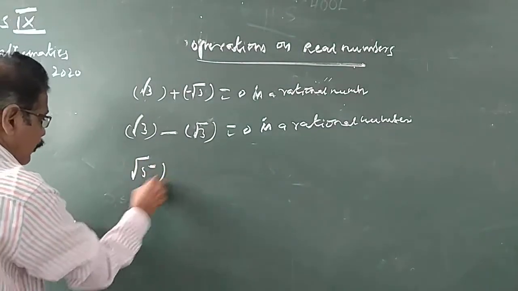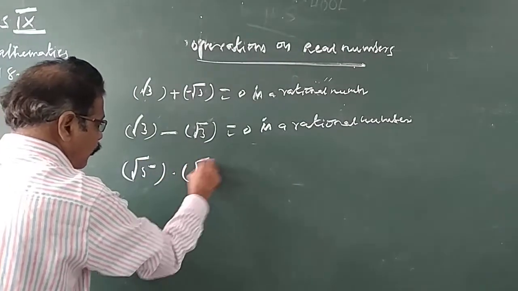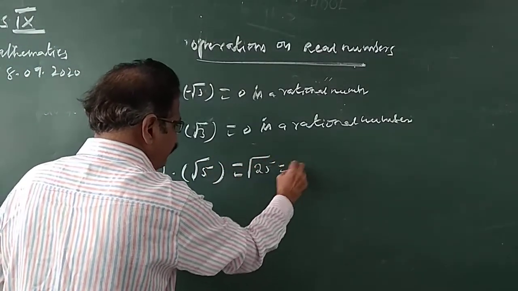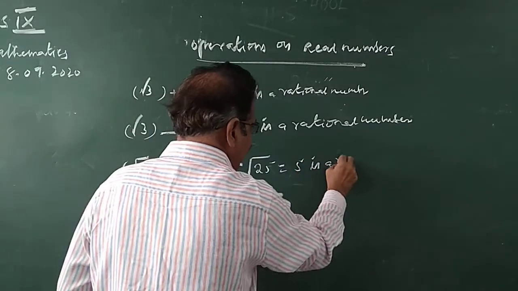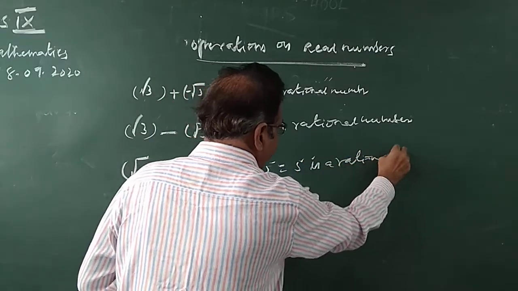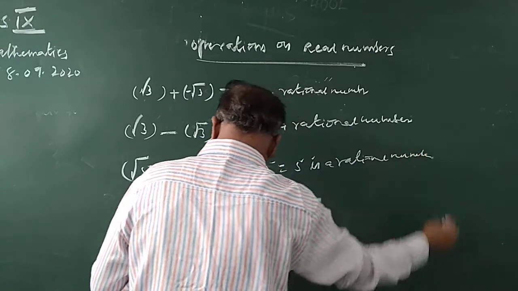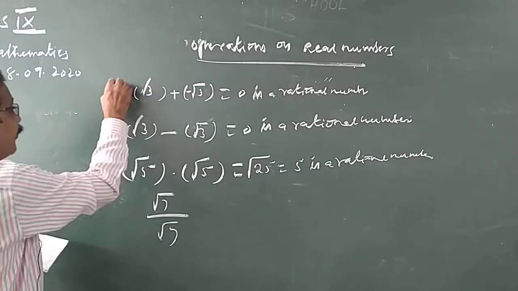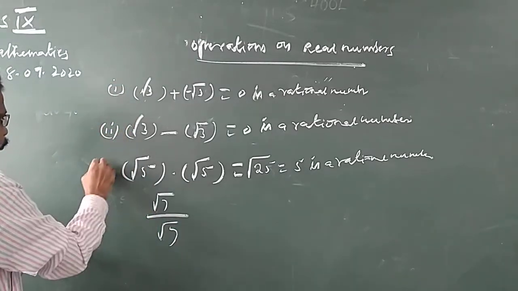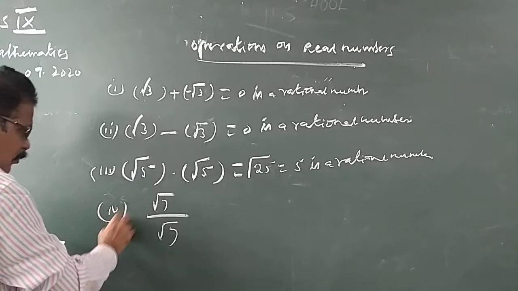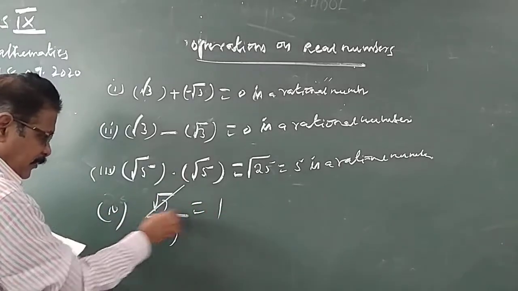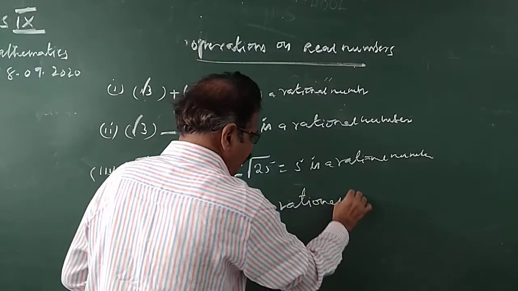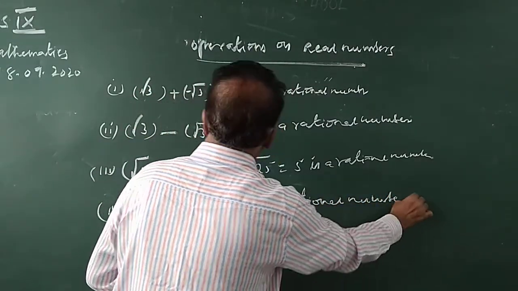Root 5 into root 5, root 25 is equal to 5. 5 is a rational number. Root 7 by root 7, 1. 1 is a rational number.